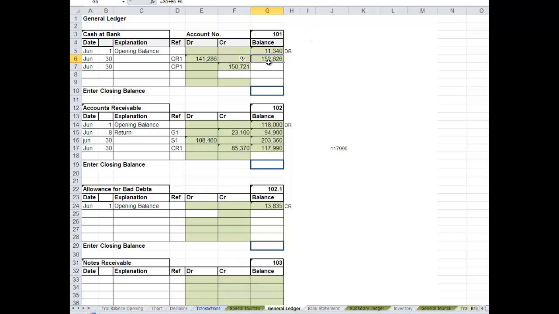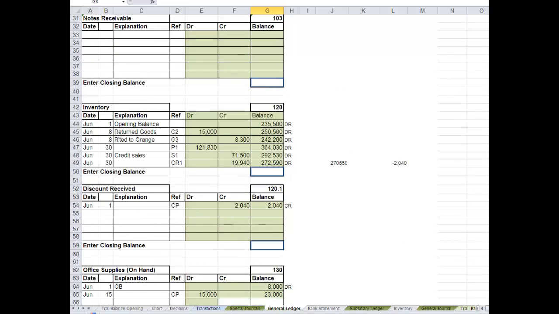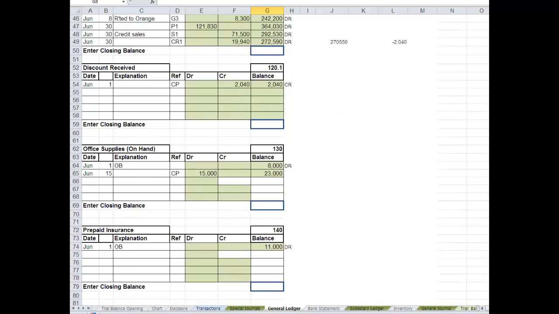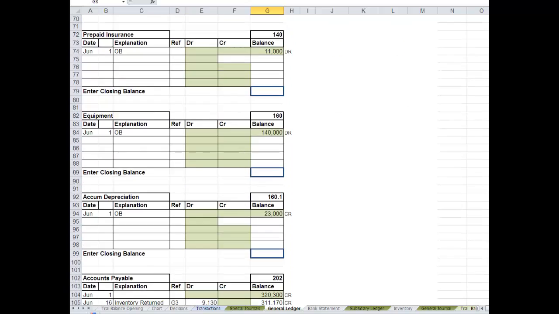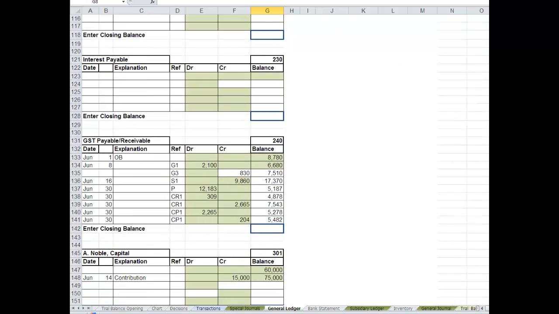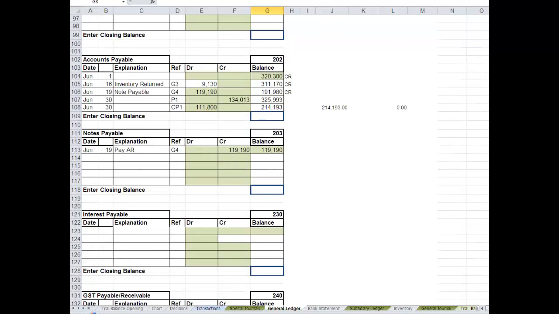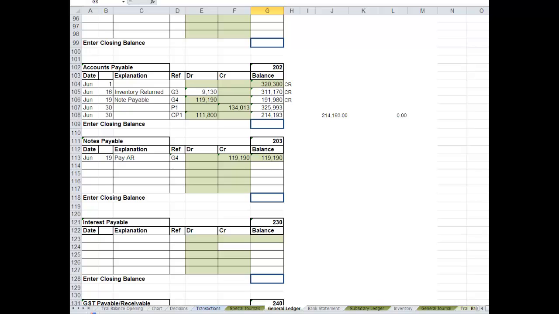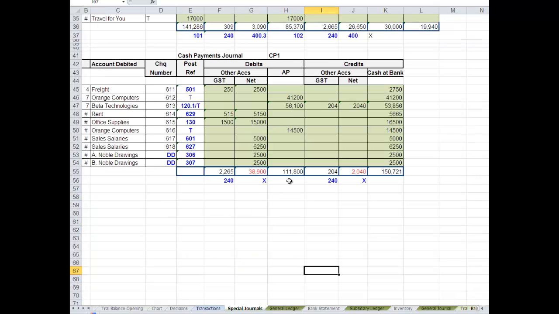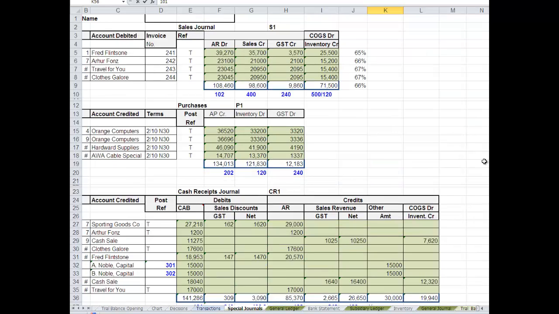That's right, and so it's going to be posted to 101 for cash at bank, and 101 and 202. But remember there, 202, 101, and that's got all our special journals posted to the General Ledger. That's pretty good progress.